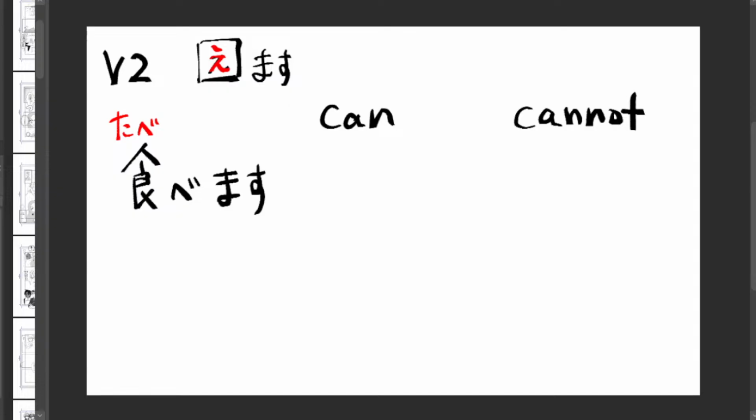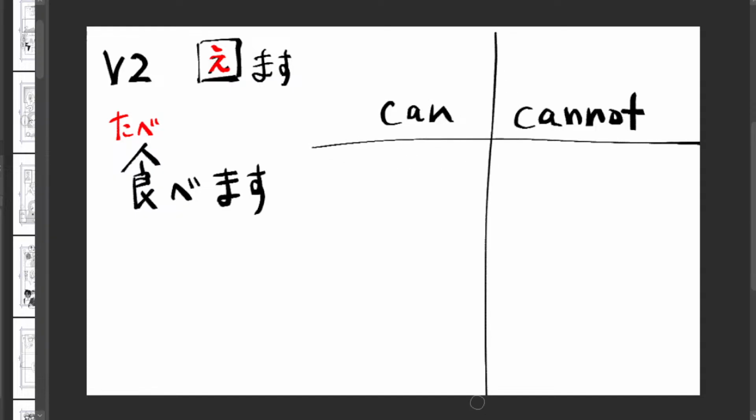For V1, you change the sound before masu to an e sound, right? But for V2, it is originally an e sound before masu. So what you need to do is add rare after the e sound.